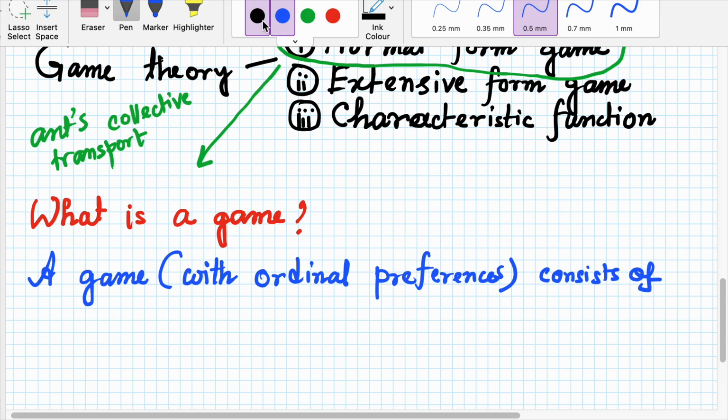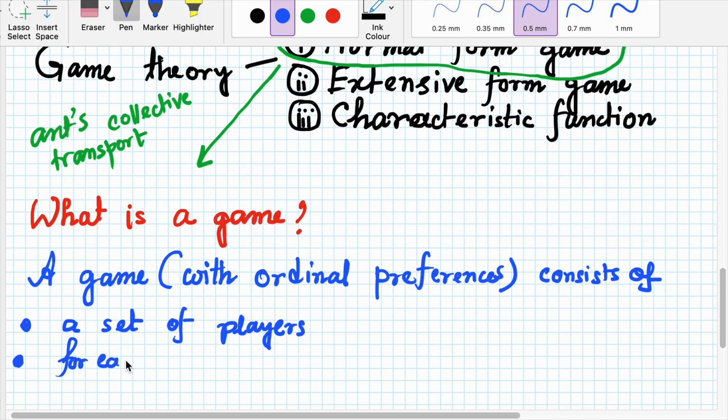One is a set of players. Second, for each player, a set of actions.